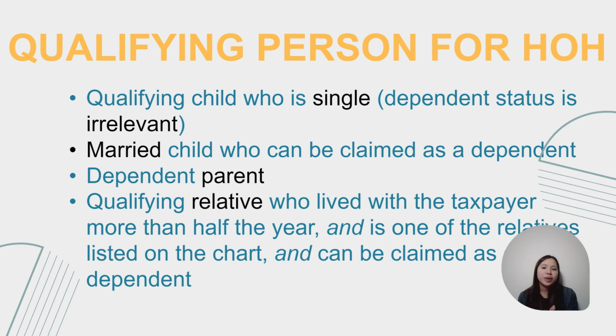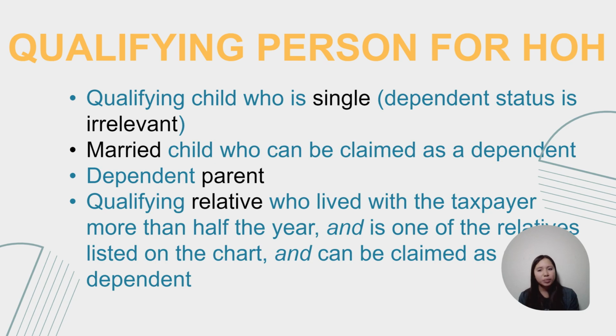So, a qualifying person for the head of household status. We talked about how in the dependents lesson, to be a qualifying dependent, you can either be a qualifying child or a qualifying relative. Now, to be a qualifying person for the head of household status, you need to be either a qualifying child or a qualifying relative that is a little bit different than the dependents definition.